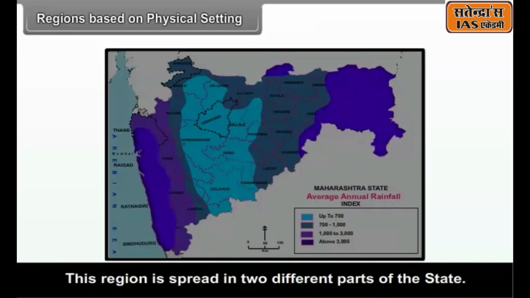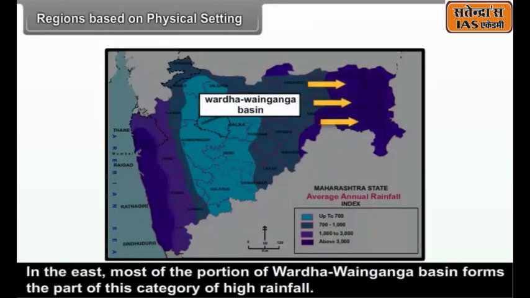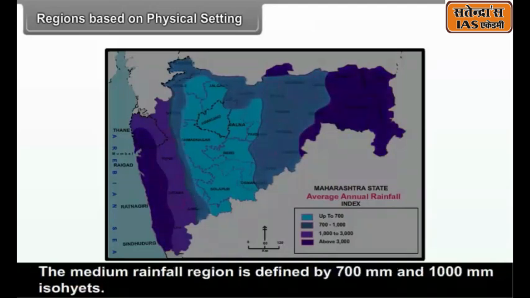This region is spread in 2 different parts of the state. In the west, most of the Konkan area and the Ghat area falls in this category. In the east, most of the portion of Wardha-Wainganga basin forms the part of this category of high rainfall. The medium rainfall region is defined by 700 mm and 1000 mm isohyets.